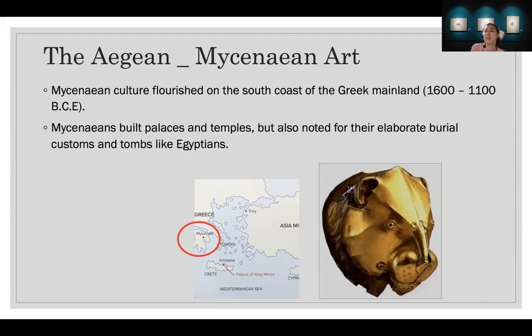Mycenaeans built palaces and temples, but they are also noted for their elaborate burial customs and tombs, like Egyptians. Burial places in and around Mycenae have yielded large quantities of exquisite gold objects, such as a rhyton in the shape of a lion's head.